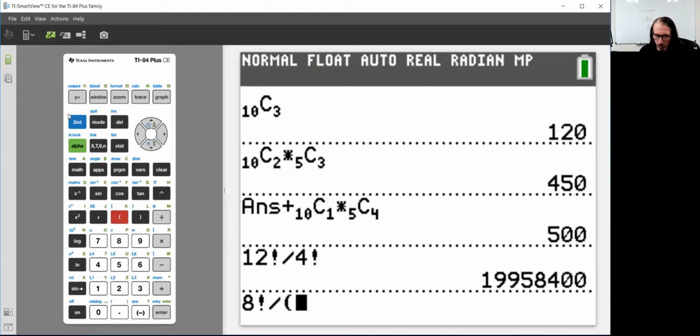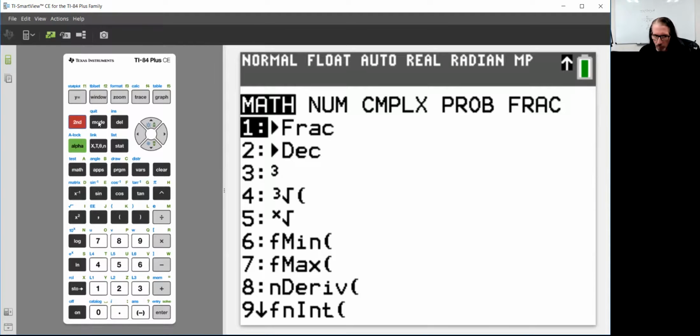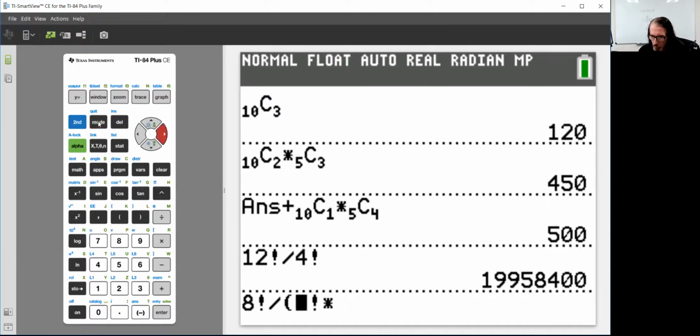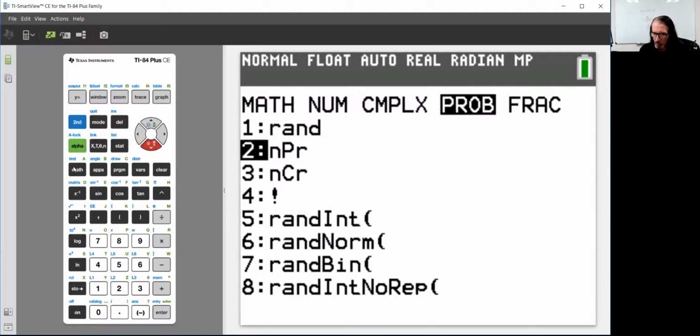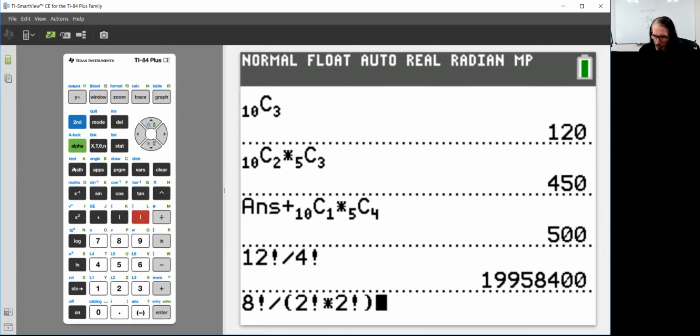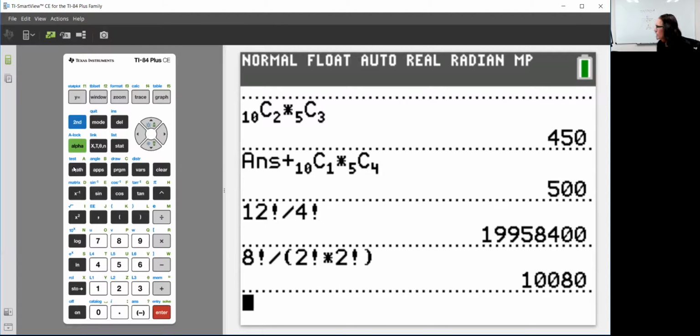There's our 2 in front of the factorial, and we're multiplying by another 2 factorial. Darn it, I got rid of the 2. Math key, Probability submenu, Factorial. 10,080 as predicted. And one more special case here in just a moment.